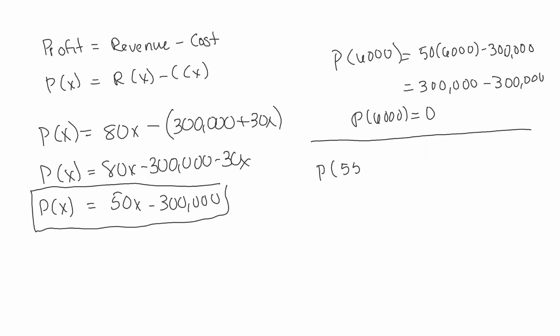So let's look at P of 5,500. Okay. So if we have P of 5,500, that's going to be our X. So we would take 50. Remember, we're plugging it into this function right here. We would get 50 times 5,500 minus 300,000. So really quick, let's figure out what 50 times 5,500 is. Wait, 275,000.